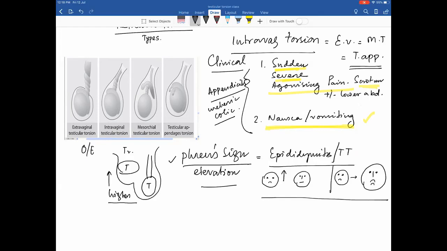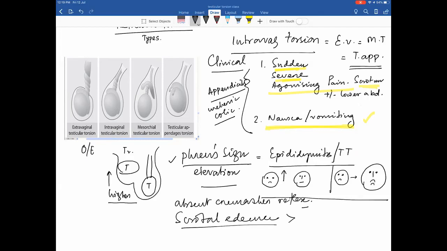Now, after these things, the patient will have an absent cremasteric reflex, followed later by scrotal edema if you delay, usually between 4 to 6 hours.